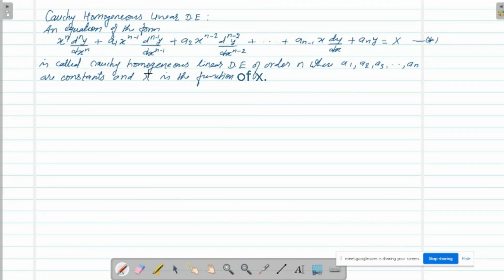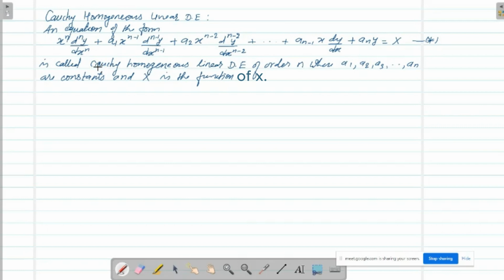See here. So an equation of the form x raised to n d raised to n y by dx raised to n, plus a1 x raised to n minus 1 d raised to n minus 1 y by dx raised to n minus 1, and so on up to a(n minus 1) x into dy by dx plus an y equal to X. So this equation is known as what? Cauchy homogeneous linear differential equation. Okay, why is this so?